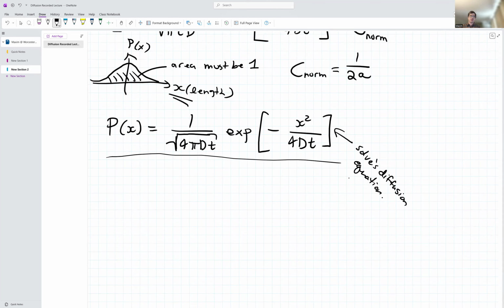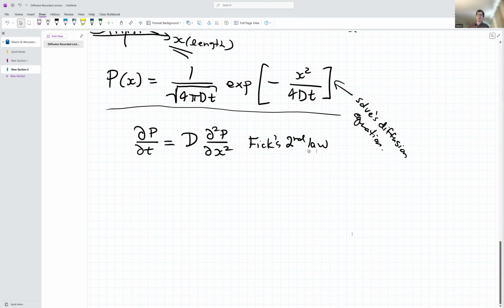It solves this equation: the derivative of the probability with respect to time is equal to the diffusion coefficient times the second derivative of p with respect to x. This is a differential equation which describes the time evolution of the probability distribution. It describes this process of the random walkers spreading out. And it's called Fick's second law. And we'll talk about other solutions to this.